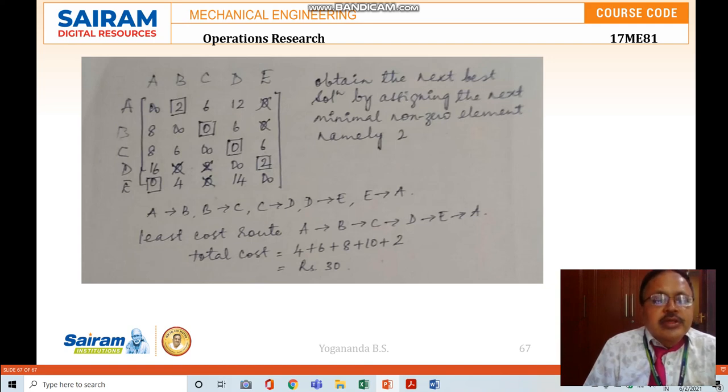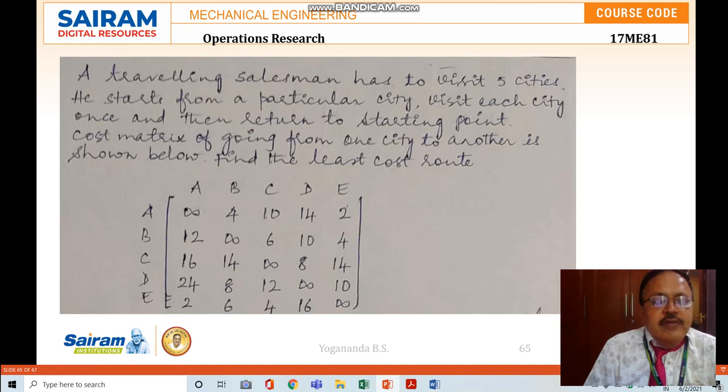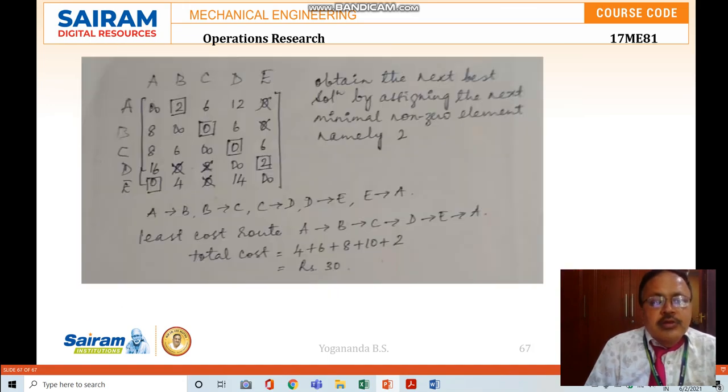A to B: what is the cost given? It is 4 rupees. Like this all the costs are taken and it comes out to 30 rupees. This is the minimum transportation cost incurred by the traveling salesman.